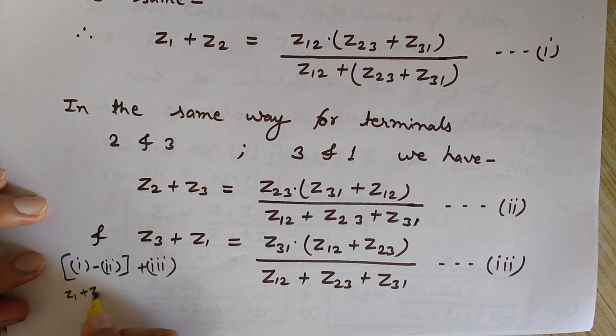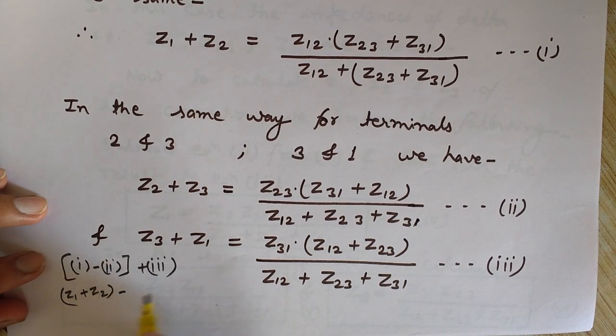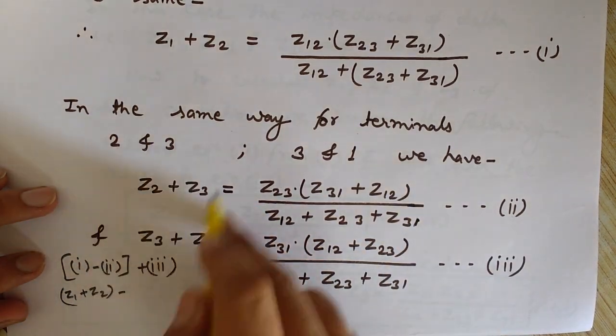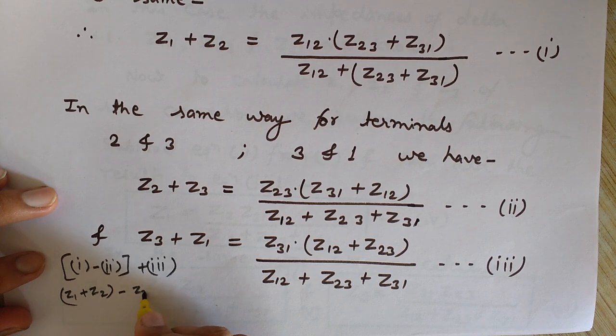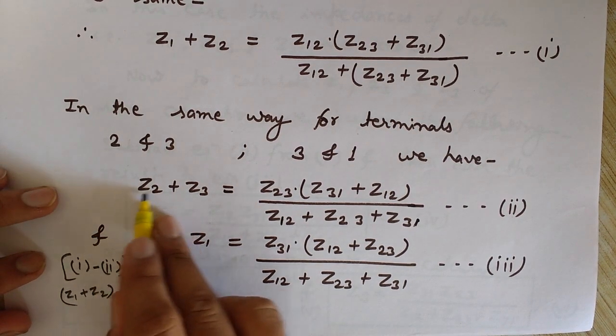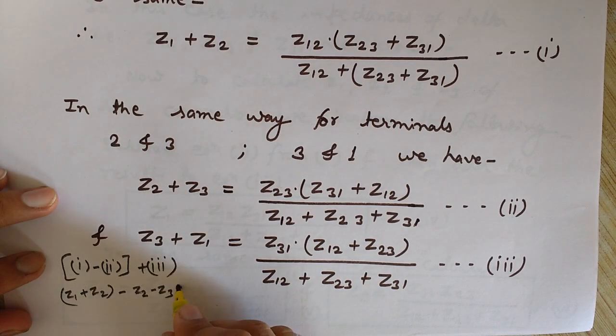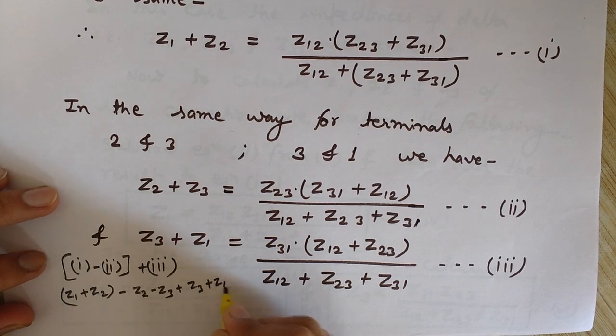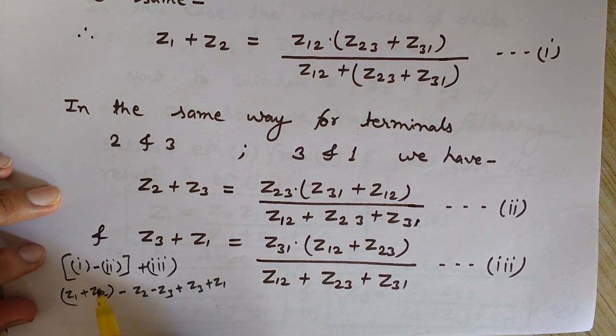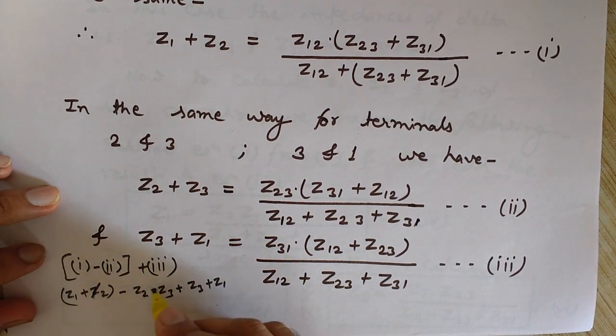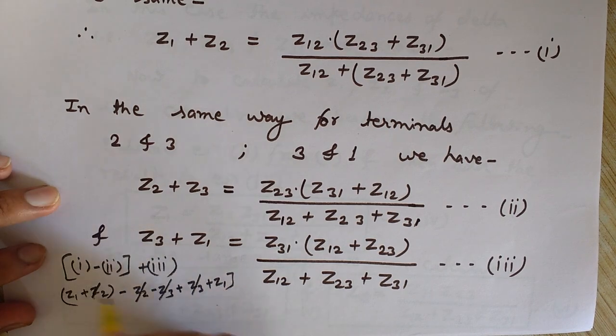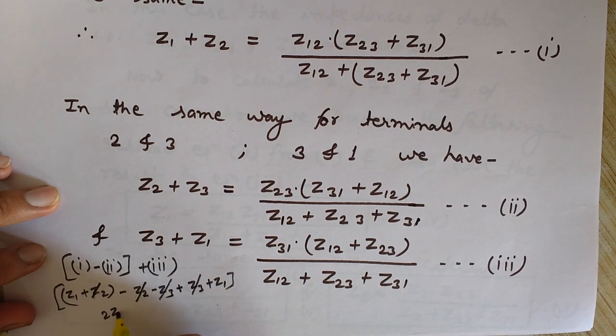Z1 plus Z2, minus equation 2, that is minus Z2 minus Z3, and add equation number 3, that is Z3 plus Z1. Z2 cancels out, Z3 cancels out, and we have 2Z1, twice Z1.